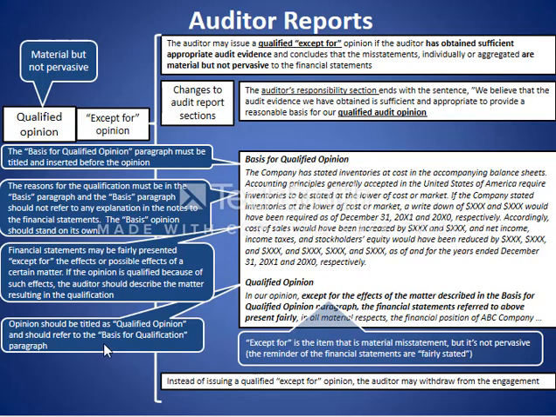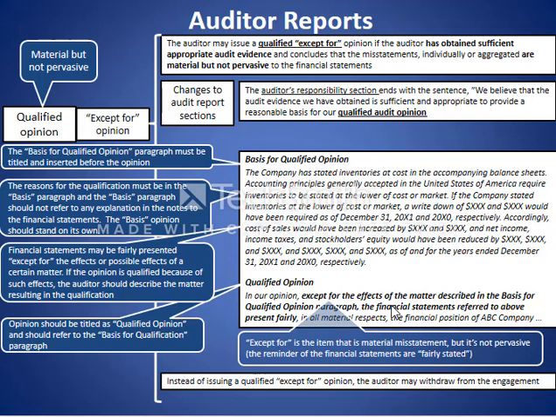When we issue the opinion, it should be titled as qualified opinion and should refer to the basis for qualification paragraph above. So here it says, "In our opinion, except for the effects of the matter described in the basis for qualified opinion paragraph, the financial statements referred to above present fairly, in all material respects, the financial position of ABC Company."